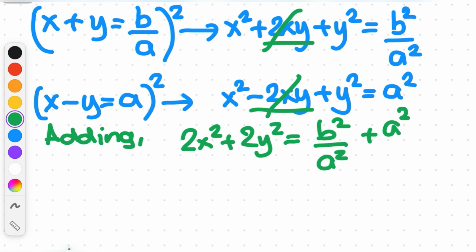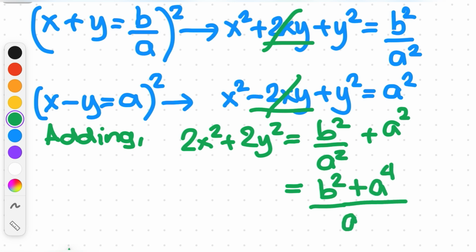So this expression on the right side, we can combine into one fraction by multiplying the second term by a squared. That will give us b squared plus a raised to 4 all over a squared is equal to, on the left, 2 times x squared plus y squared.